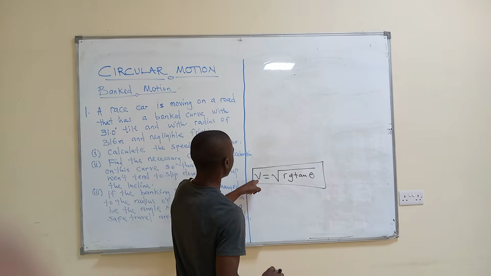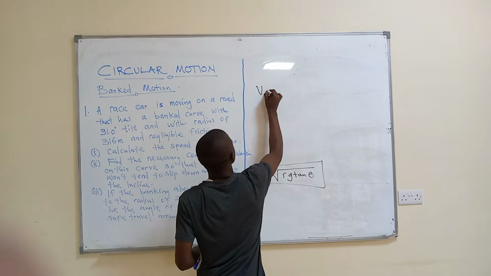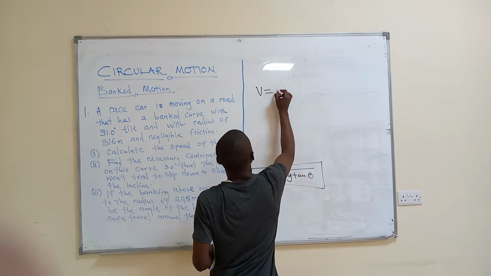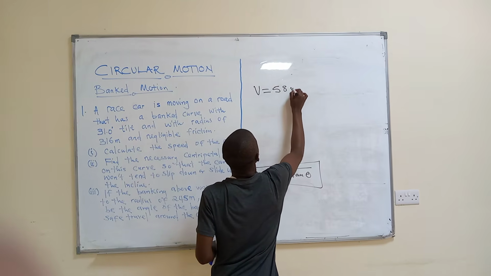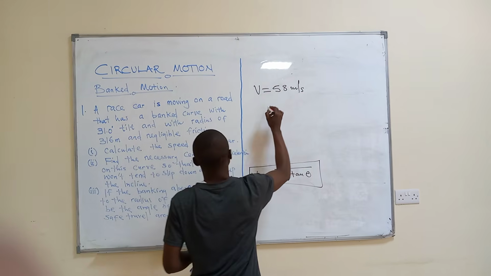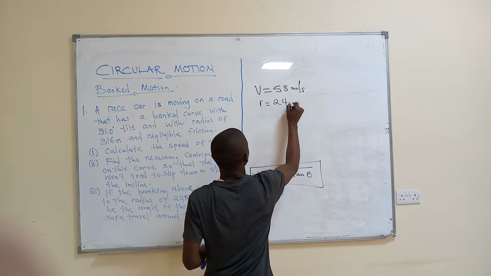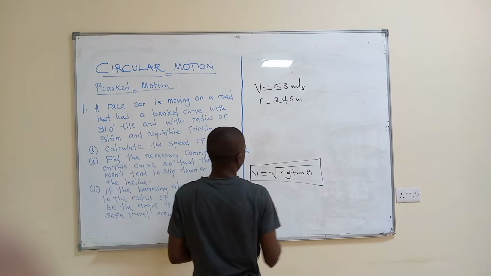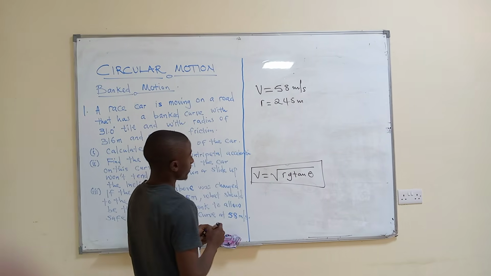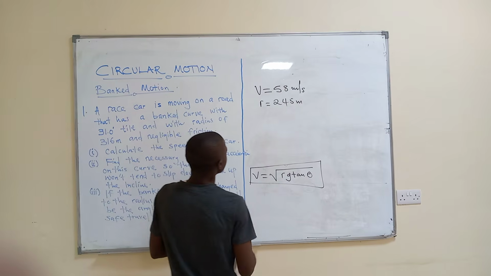So since we have the speed, that is 58 meters per second, the radius, that is 245 meters, and then we are asked to calculate the angle.